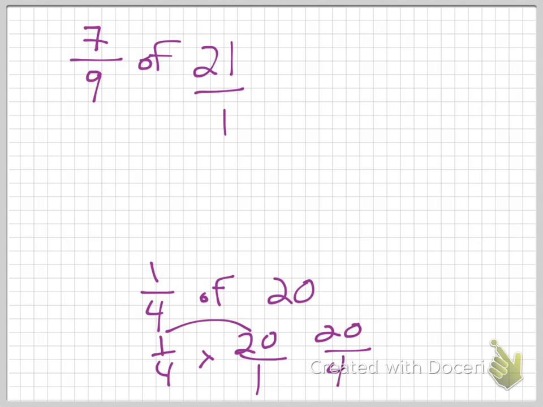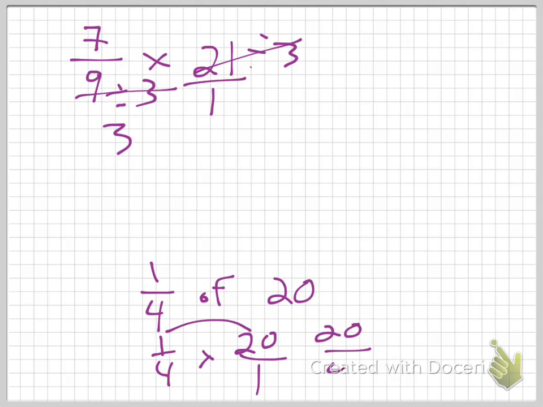If I know that of means times, I can change this to times. Make this over 1. Is there anything I can do? Can I reduce anything? The 9 and the 21. What am I going to divide them by? 3. Divide by 3. Divide by 3.